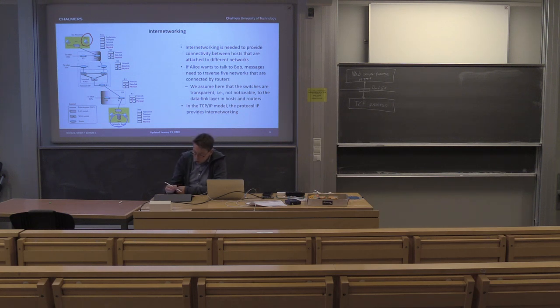Well, there are these protocol stacks. We have a full stack at the end nodes, and in the middle we have reduced stacks, 3-layer stacks in this case. So logically, information goes like this.